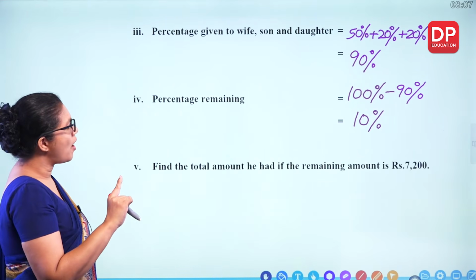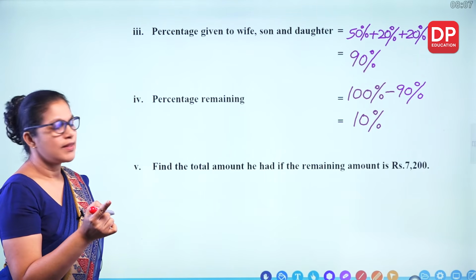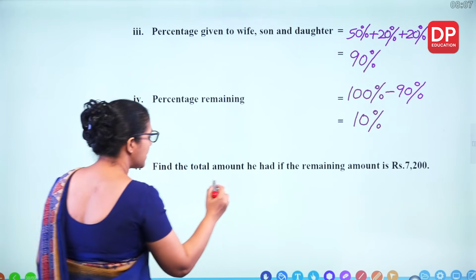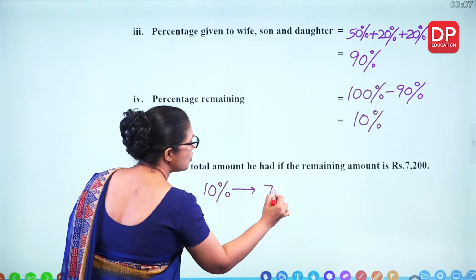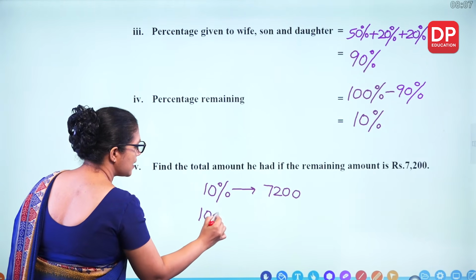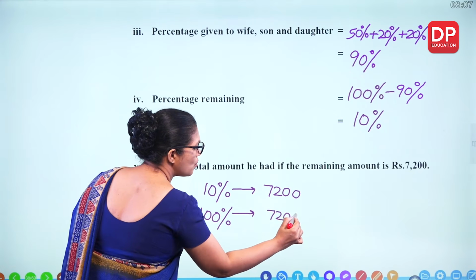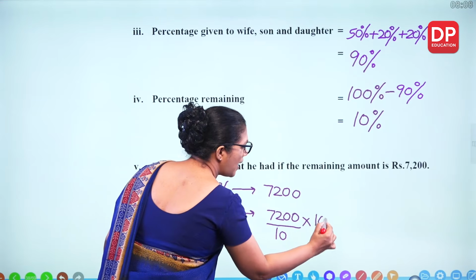Find the total amount he had if the remaining amount is 7,200. So that means 10% is 7,200. How do we find out 100%? 100% means 7,200 divided by 10 and multiplied by 100.